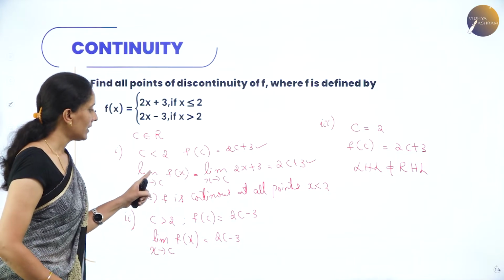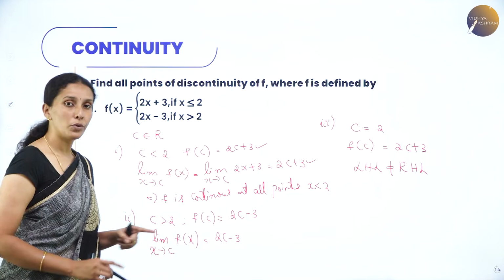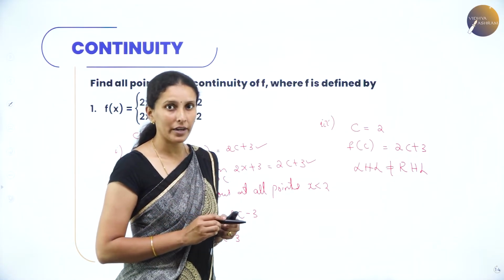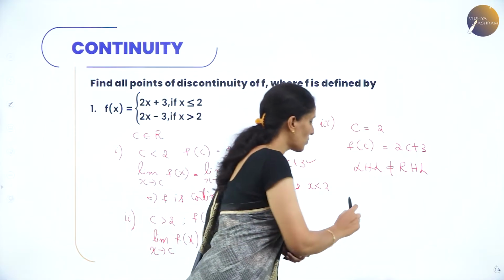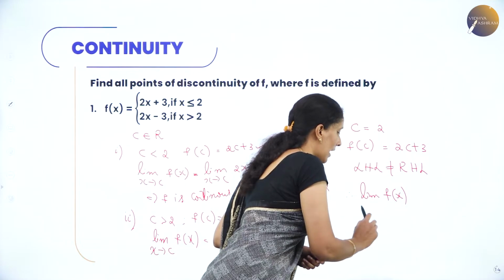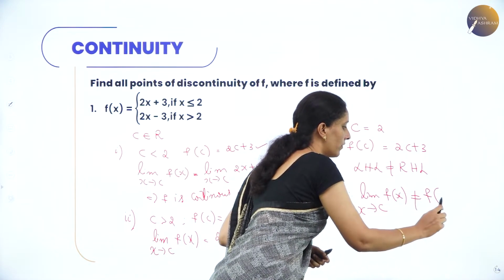Because the left hand limit is equal to 2c plus 3 and the right hand limit is equal to 2c minus 3, they are not equal. If they are not equal, the limit does not exist. If the limit does not exist, what can we conclude? The limit of a function as x tends to c is not equal to f of c here.